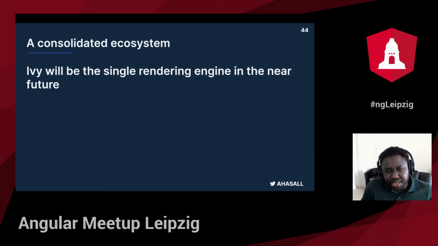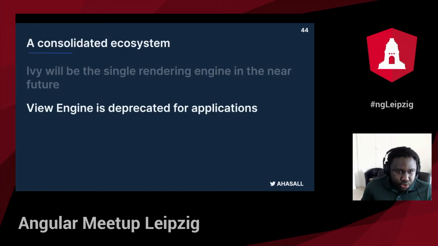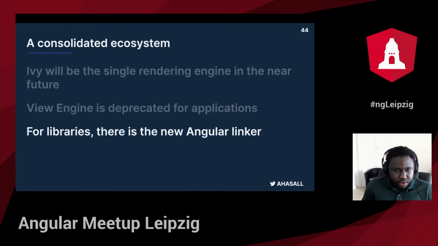And I think in the near future, maybe in Angular 13, we will only have Ivy. So as of V12, View Engine is deprecated for applications, meaning that you cannot build your Angular 12 application using the View Engine compiler. For libraries, well, there is the new Angular linker that will ease our way of working with Ivy for libraries.